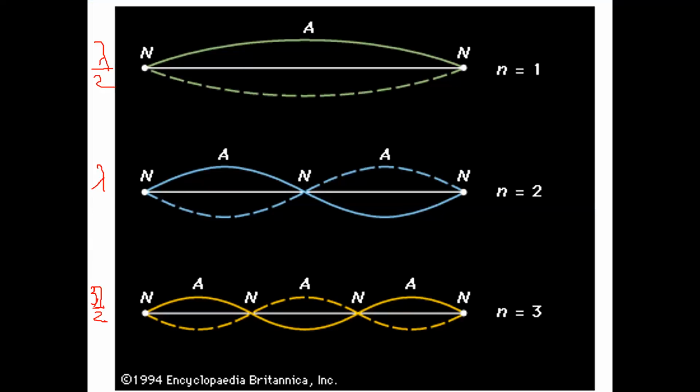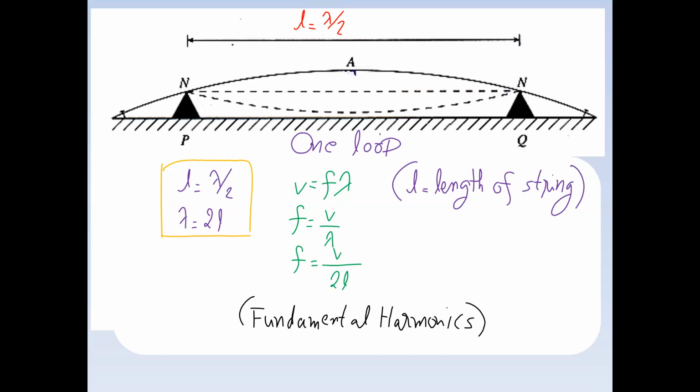Now, you can vibrate the string in different loops: 1 loop, 2 loops, 3 loops, and it can go on. Now see case number 1, which is the fundamental harmonic, and we are vibrating it precisely in 1 loop.